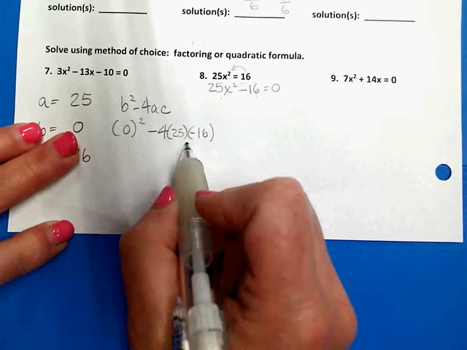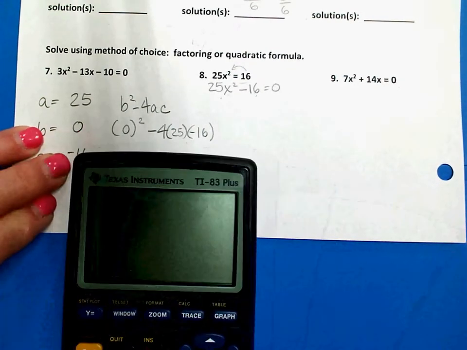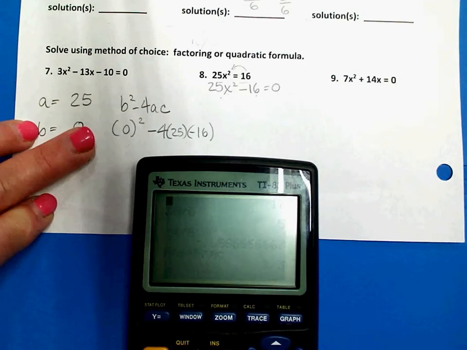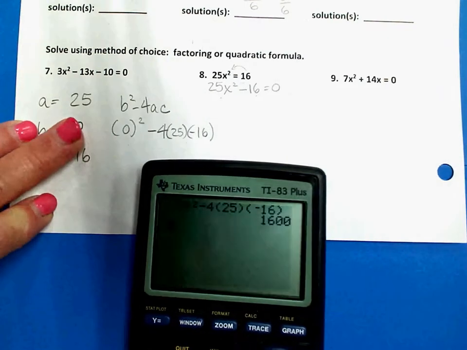So when you type this into the calculator, 0 squared minus 4 times 25 times negative 16, you get a pretty large number, 1600.